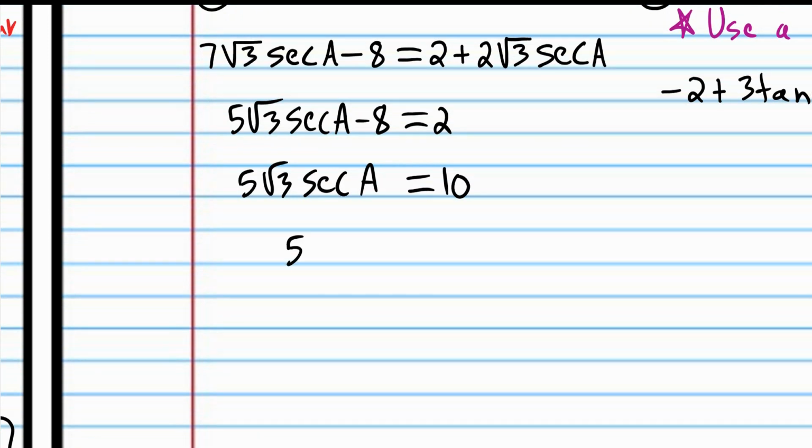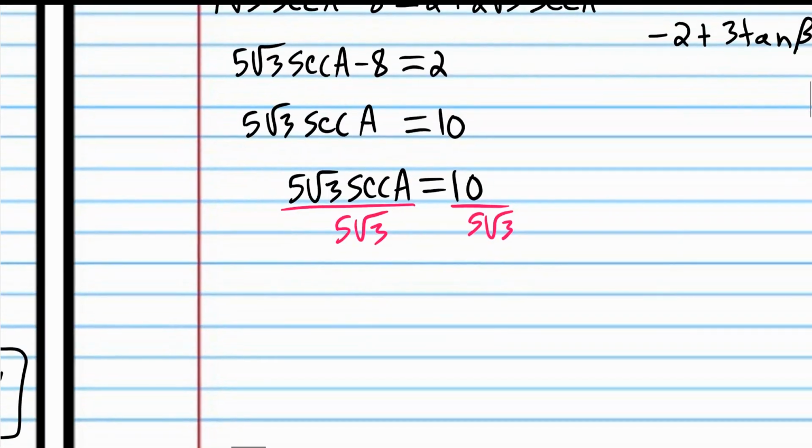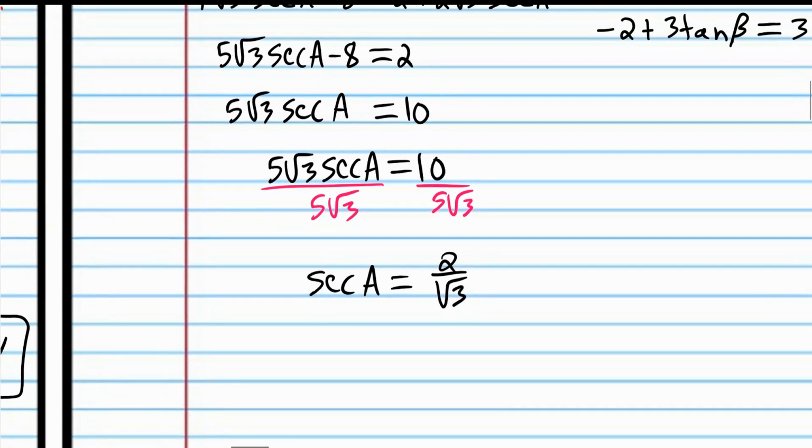And maybe I should show that just to be clear what we're doing. So we end up with secant a is equal to, and let's reduce this, so 10 over 5 is equal to 2, so we can say 2 over root 3.